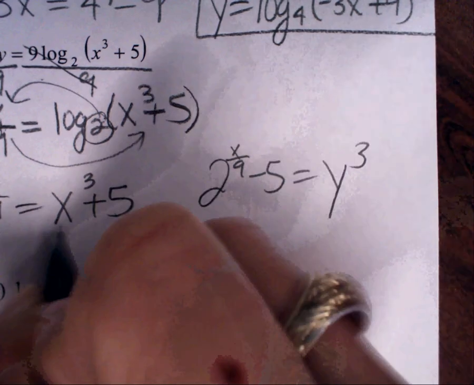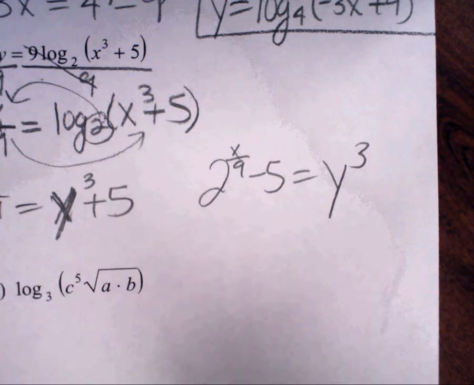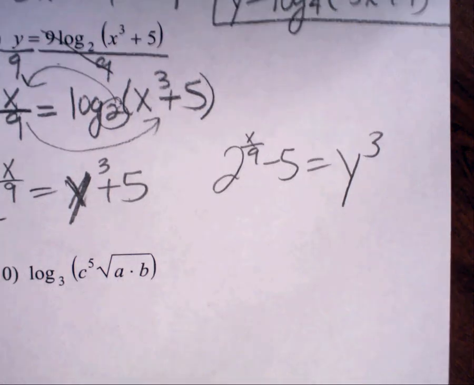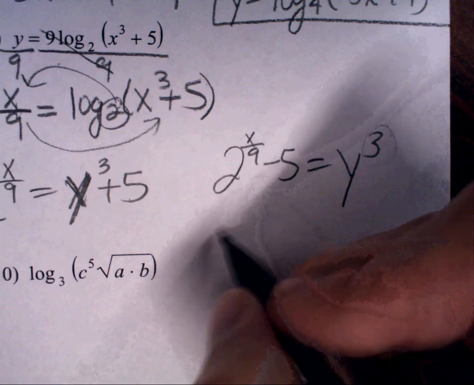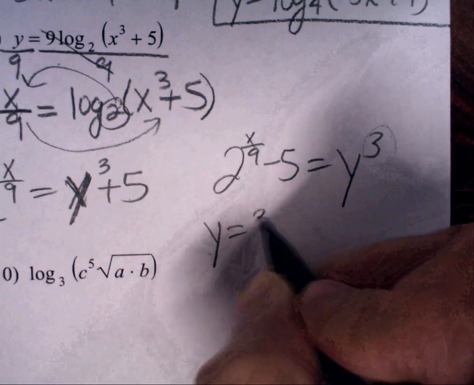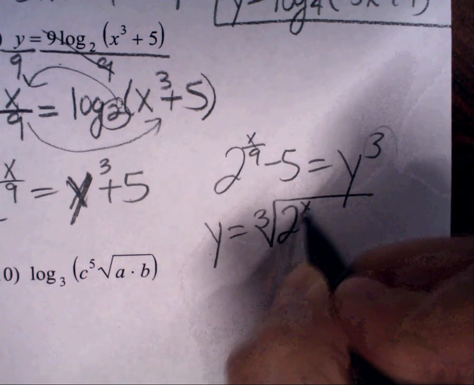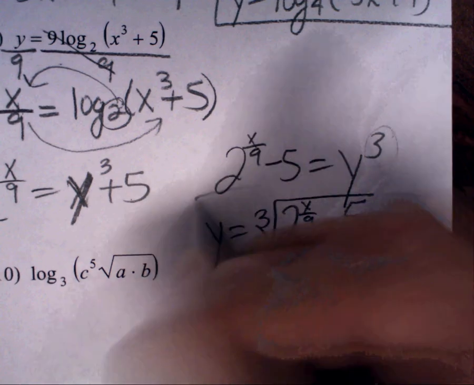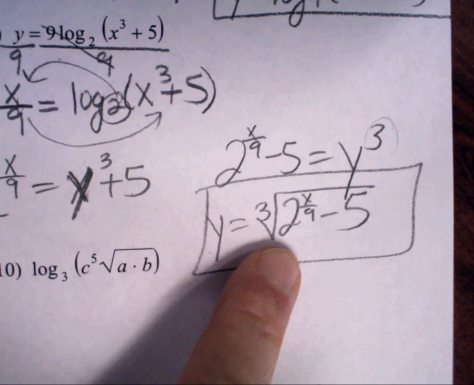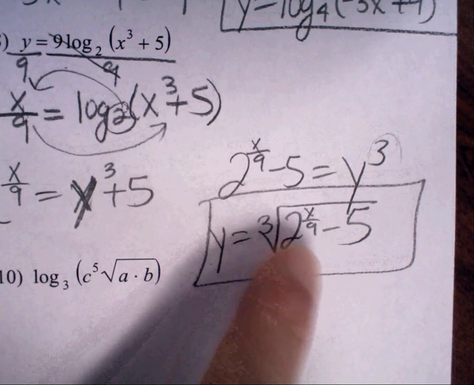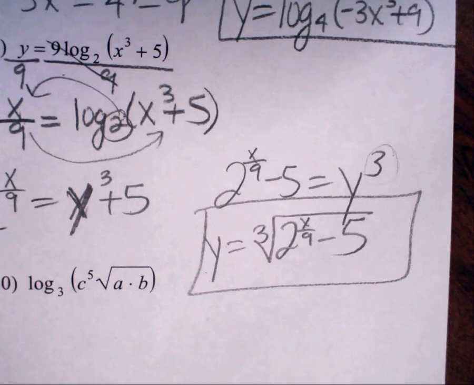Sorry about that. That should have been a y. So then, to get rid of the 3, I'll cube root it. So y equals the cube root of 2 to the x over 9 minus 5. Okay, so it started logarithmic, ended up exponential. It's still exponential because there's an x in the exponent. And I think that's it.